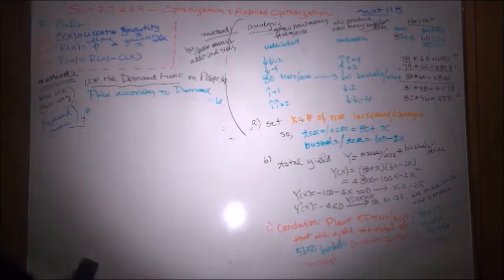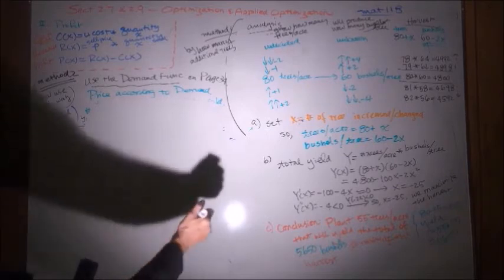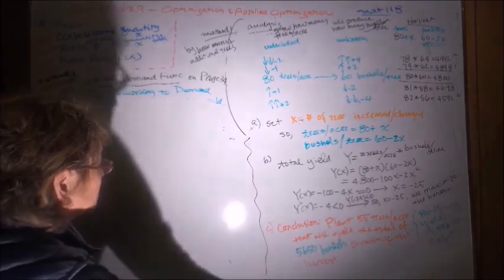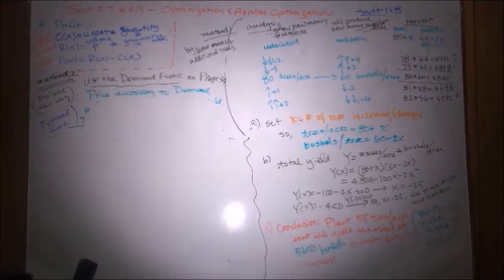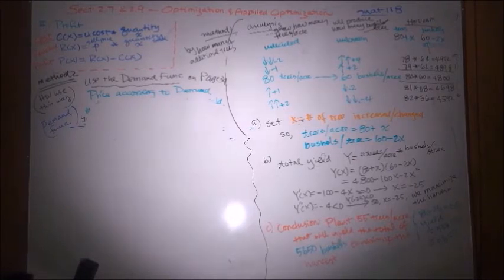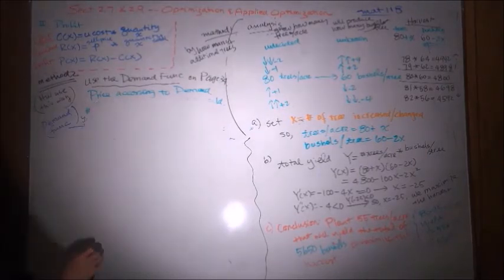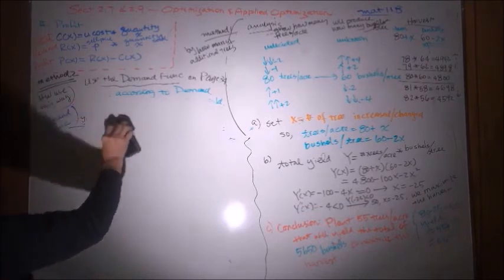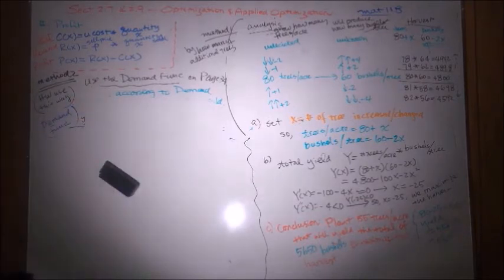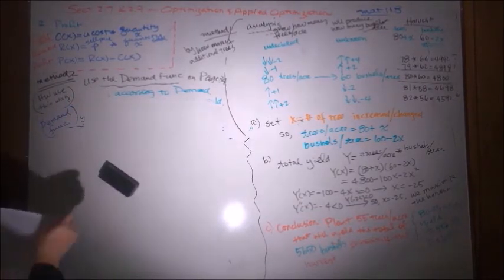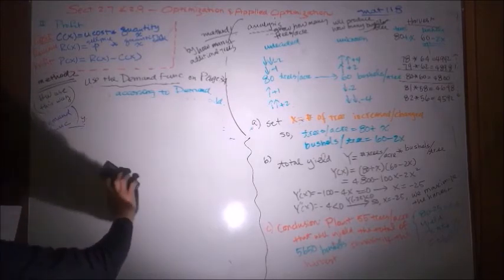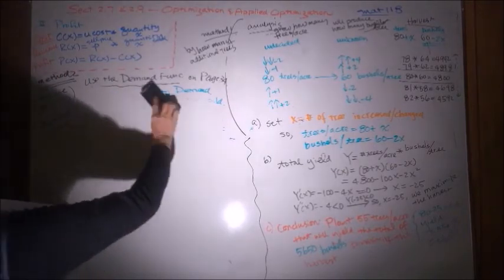Okay, and let's see how the demand function will handle this situation. Okay, so we're not talking about price now, we are talking about what? Okay, it will be this way.